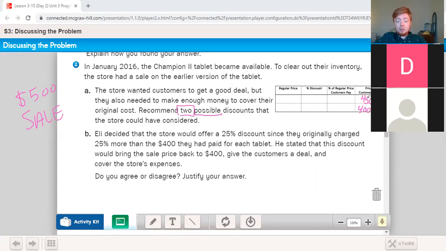And so we could probably do that. So if they were selling it at 500, we got to get 500 to go down to 450 and then also go down to 400. All right. So we need to figure out the percents of both of these.